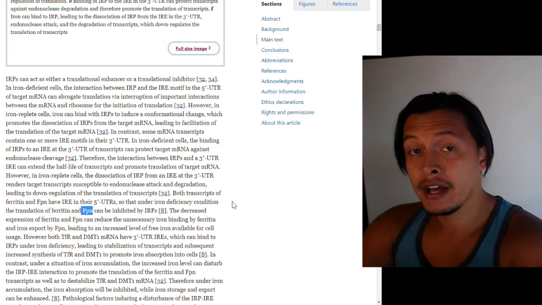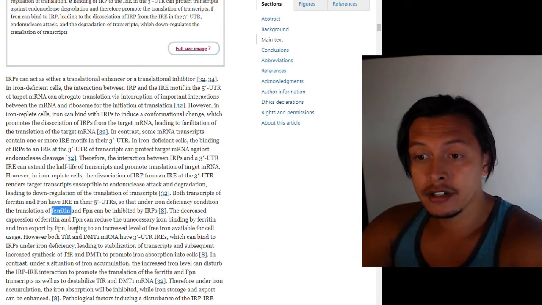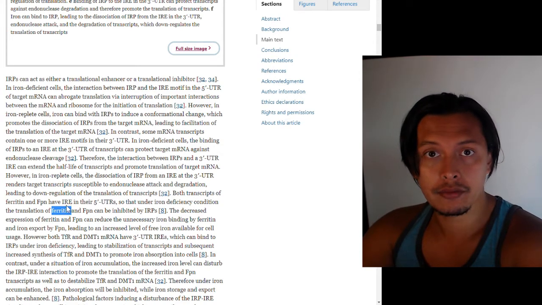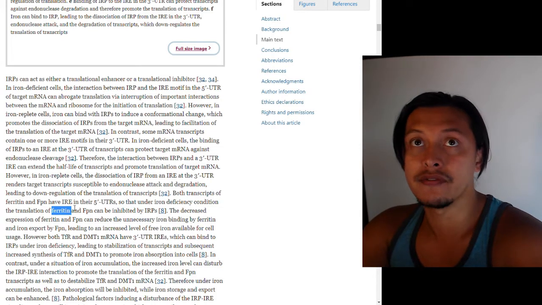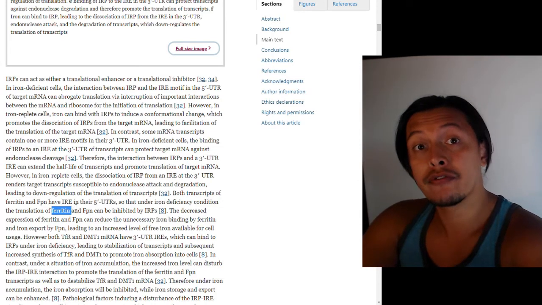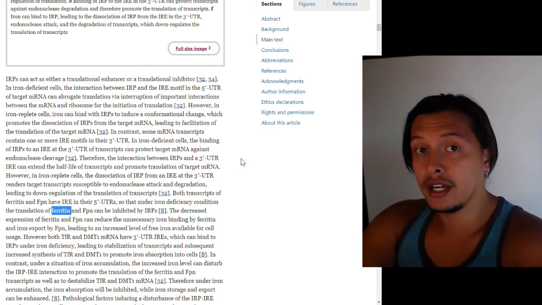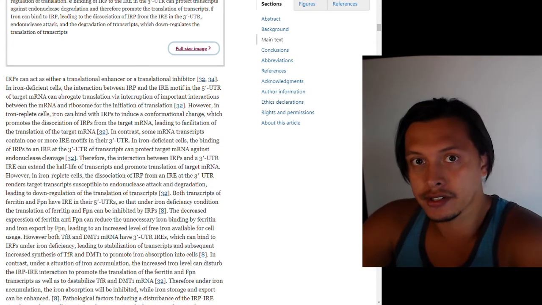If you do not have that much iron floating around in the cell, you don't need ferritin to store it, right? So if you are deficient, or not necessarily deficient, but if you don't have a lot of free labile iron floating around, then you don't need to produce more ferritin to store that extra iron because it doesn't exist.